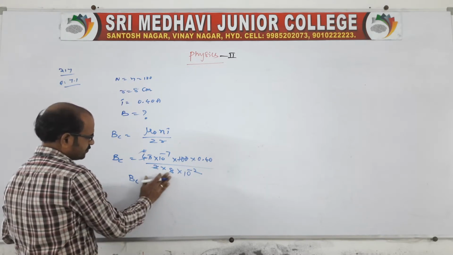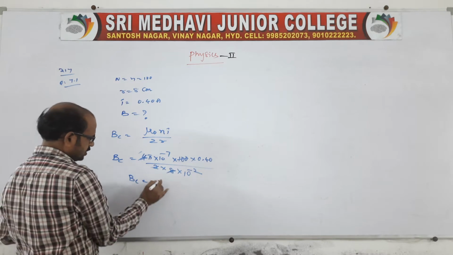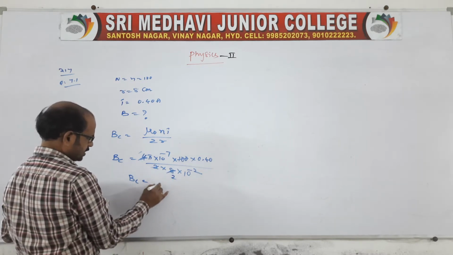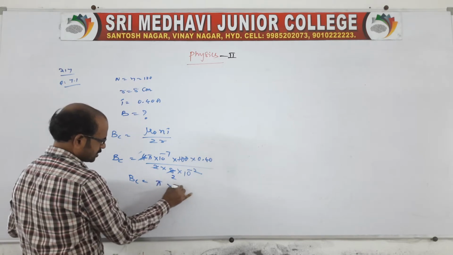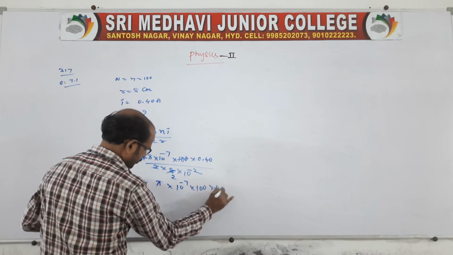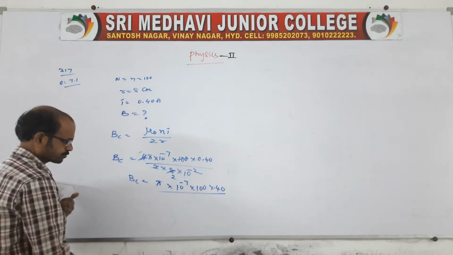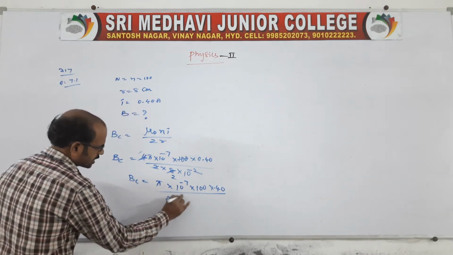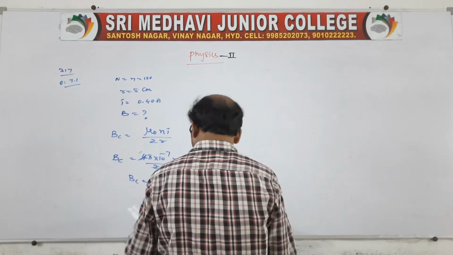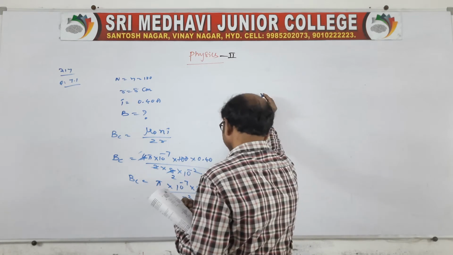So better you give it as 4 ones, 4 twos. This becomes pi into 10 power minus 7 into 100 into 0.40 by 2 into 10 power minus 2. So in terms of it, we may get like this.